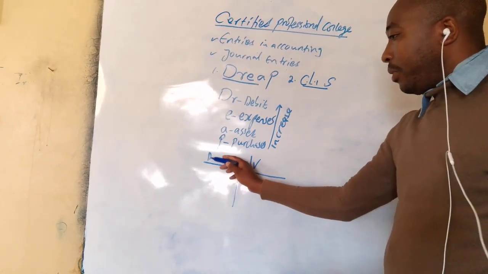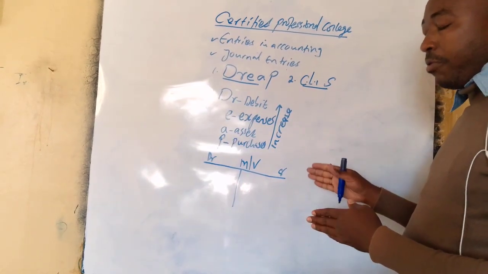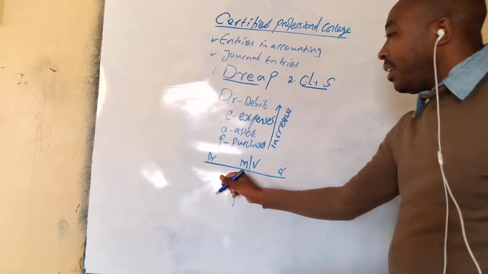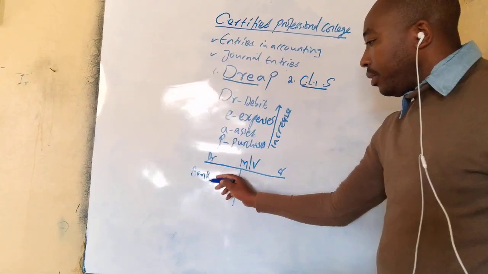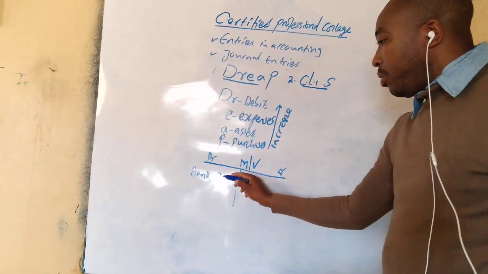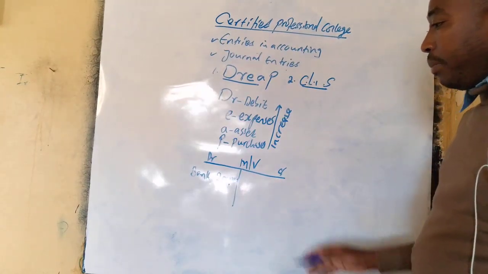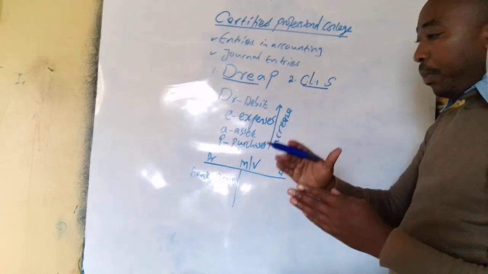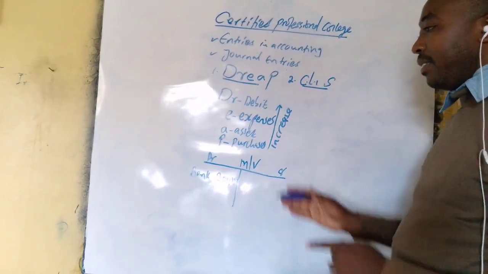An asset has both debit and credit side. If I purchase a motor vehicle for the business, I'm supposed to record it on the debit side. Maybe we have purchased using bank a motor vehicle worth shillings 2 million. I'm supposed to record on the debit side.